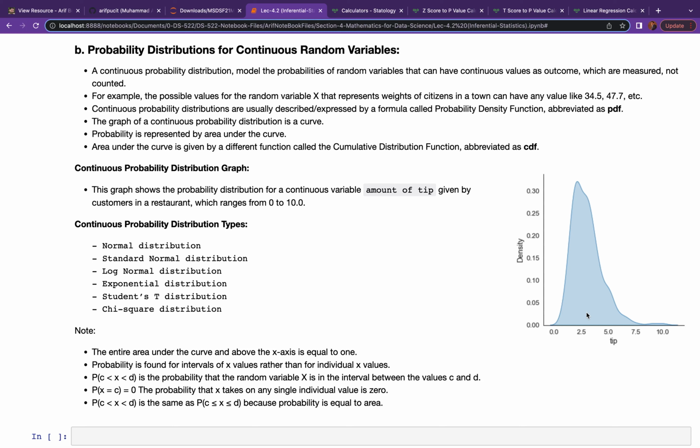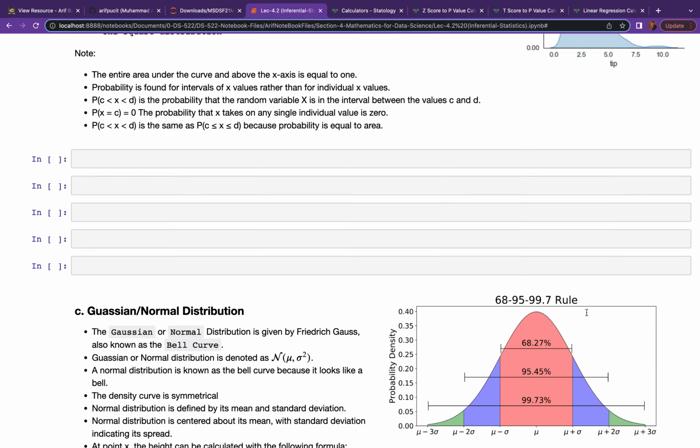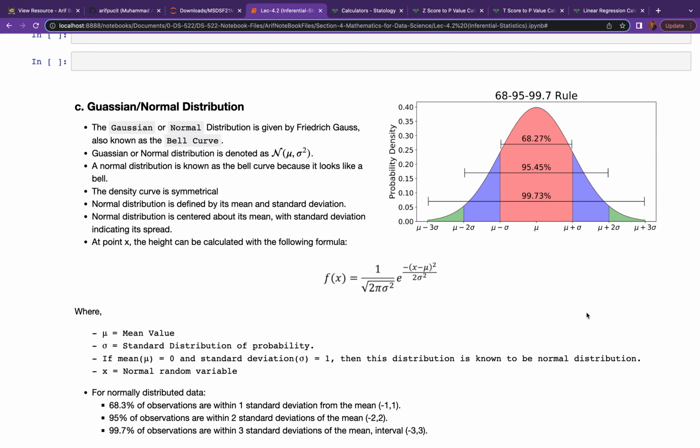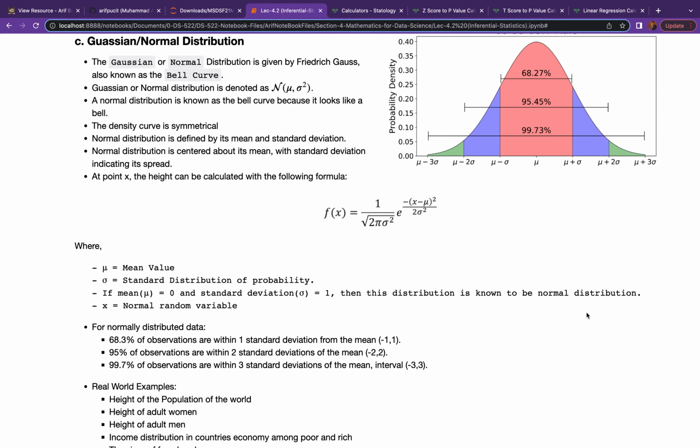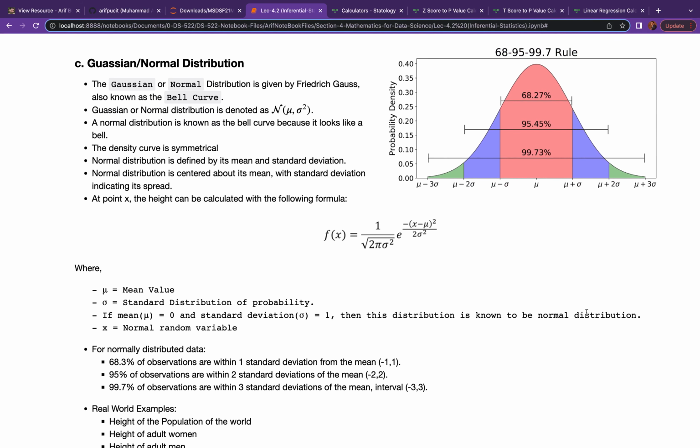Okay, I think that's enough. Whenever you have time, please do explore different probability distributions. Today we will discuss one of the most commonly used distributions called the Gaussian or the normal distribution, also famously known as the bell curve. This was proposed by Frederick Gauss.